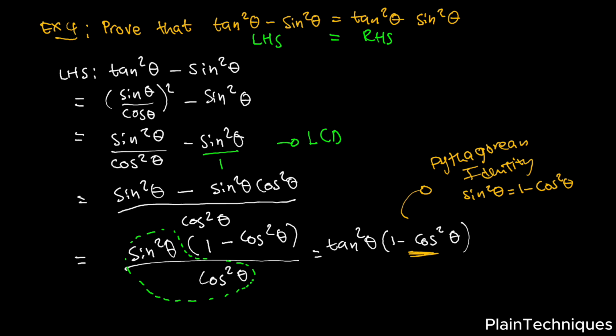So what I'll do here is I'll write tan squared theta, and now to replace the whole thing right here, I'll replace it with what I have here, sine squared theta, because sine squared theta is equal to 1 minus cos squared theta, which is what I have right here. So this is what I have on the left hand side.